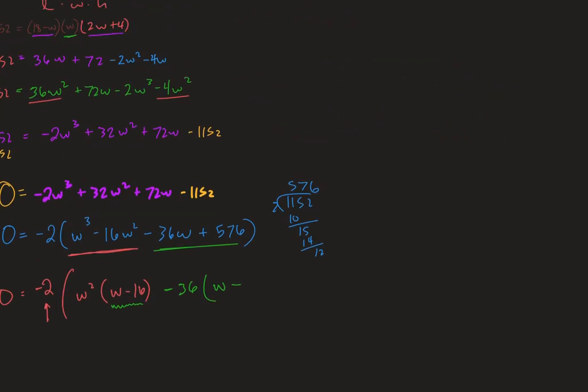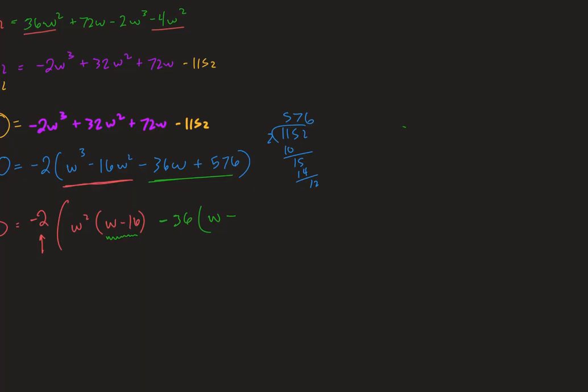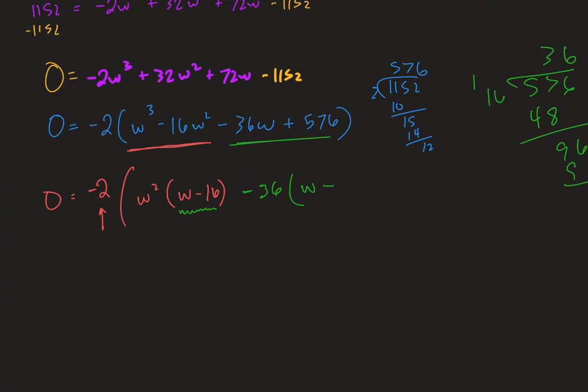And here's how we can check, just real fast. 576 divided by 16. Let's see, that's 3. So 3 times 6 is 18. That's 48. So this is 9, 6. And then I'm hoping that's a 6. 6 times 6 is 36. Yep, 96. Okay, so it worked out.